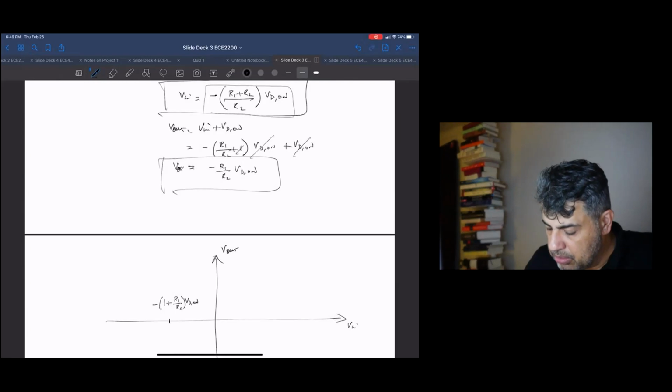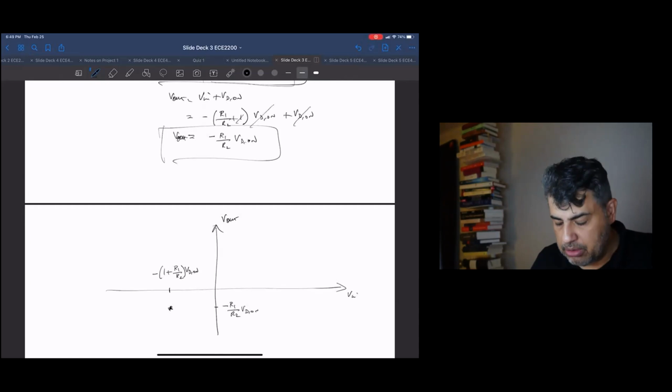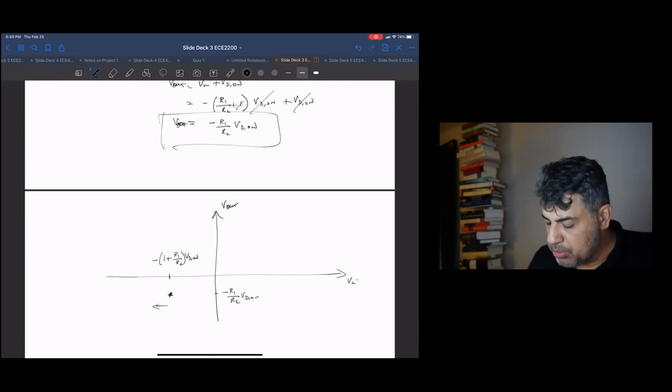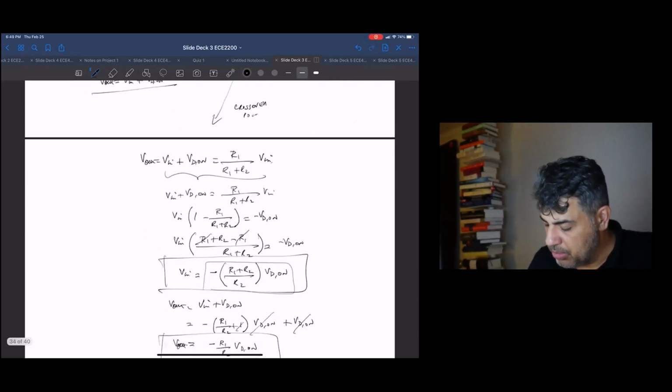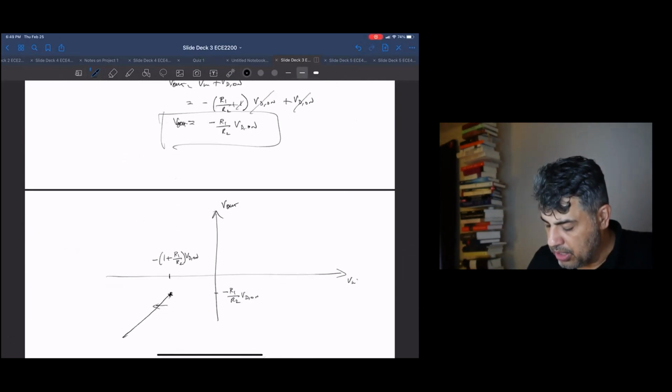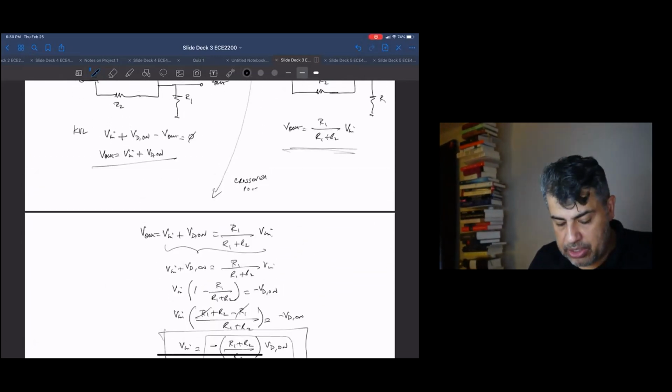And V out is also a negative value. So V out is minus R1 over R2 Vd on. So the crossover point now is negative V in, minus V out. And anything below this point is V out is V in plus this offset, but basically it looks like a line. And anything above this point is this resistive divider equation.